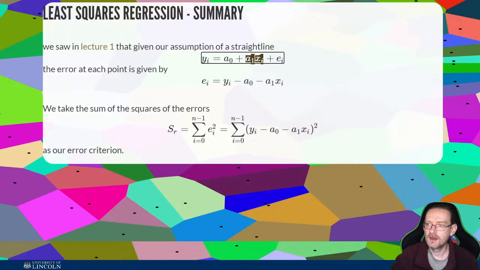So we've got this other measurement that's been made of how far along the x-axis it is, and it's assumed that this measured y value should just be a straight line with slope a1 times the x value plus the intercept. And onto that, there could be a random error. So whoever's making the measurements perhaps didn't do it perfectly for whatever reason. It's very rare to actually get perfect data.